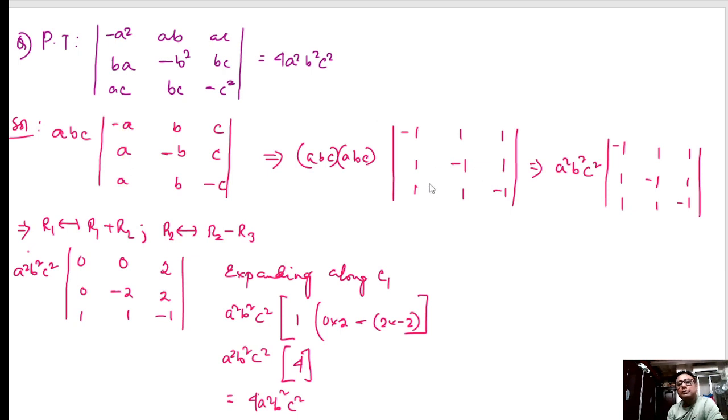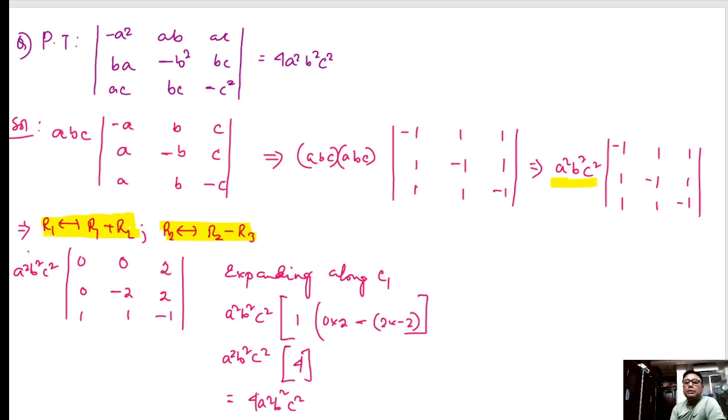So now what becomes this? And this becomes a square, b square, c square. Clear? And now we are going to use this operation. In R1 we will do R1 plus R2. In R2 we will do R2 minus R3. So let us do the first operation.